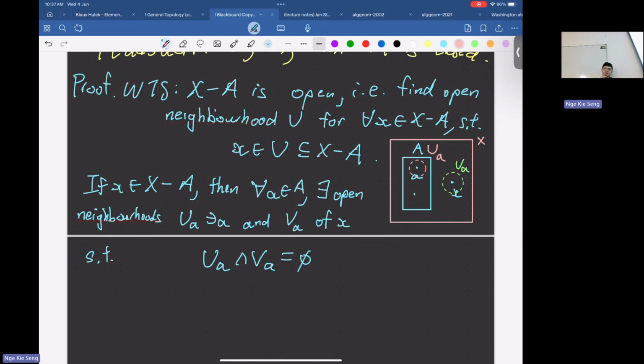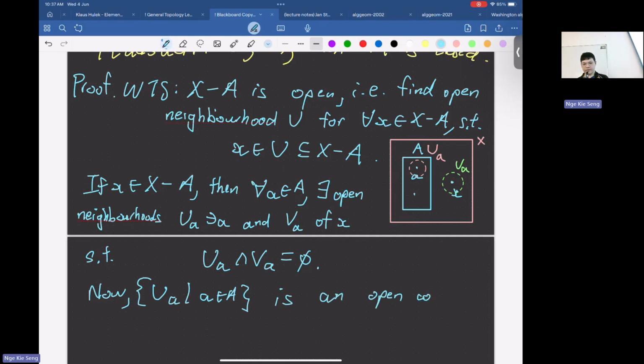Next, we can use compactness. Let's say we do this for every a in A. So we take all the U_a, such that the U_a form an open cover of A.